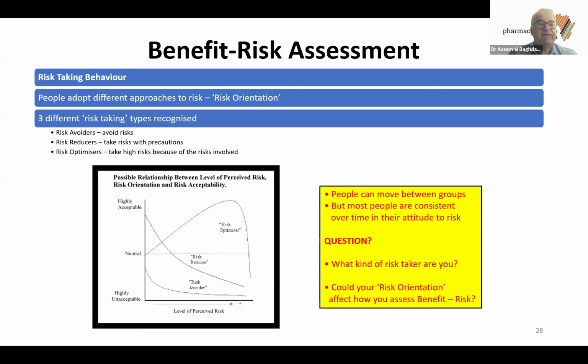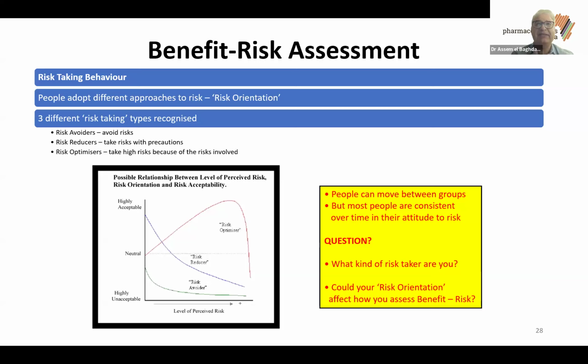There are three different risk-taking types. So those who are risk avoiders or risk averse, those trying to avoid all the risk as much as they can, and those who are trying to reduce the risk, okay, and those who are trying to optimize, if you would say. What's the meaning of reduce and optimize?